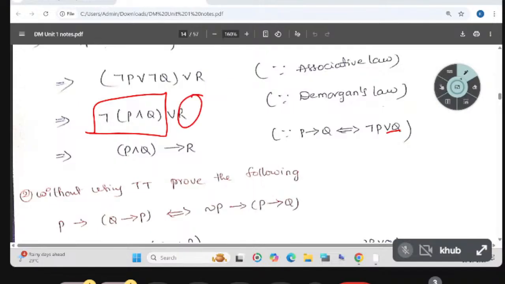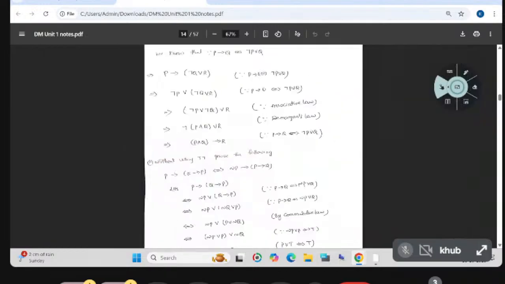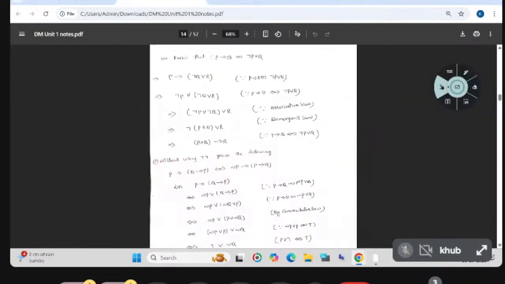This is my Q value. P implies Q. Okay. And distributive law, De Morgan's law, or any other laws of converting your given statement or given values into your solution, and you can go for your answer. Okay. So mostly we will be getting it in 5 to 6 steps or 4 to 5 steps.